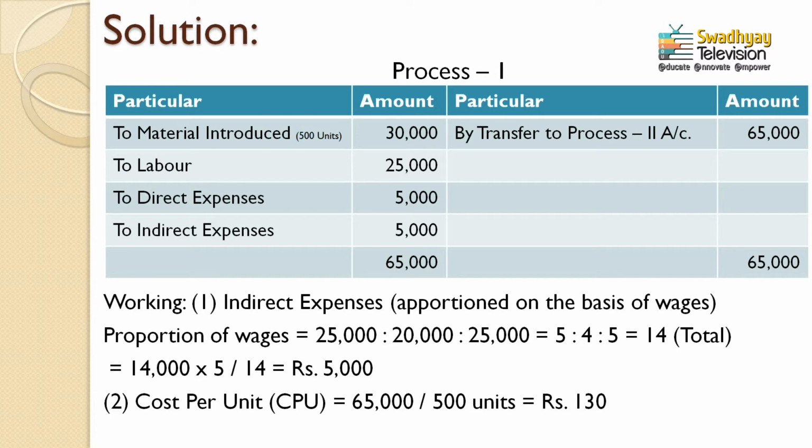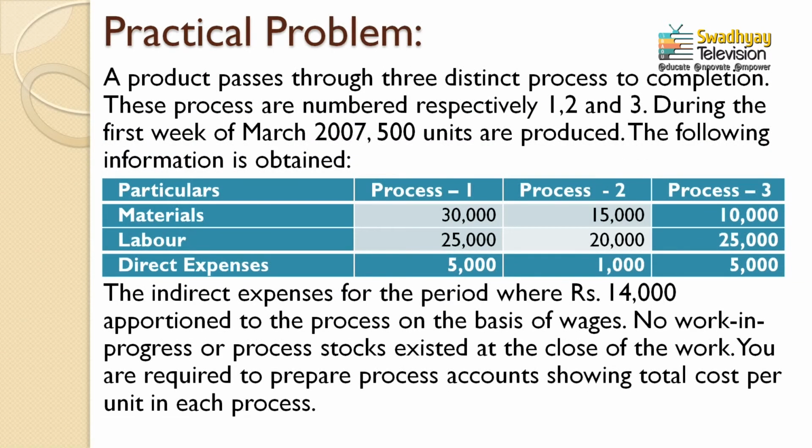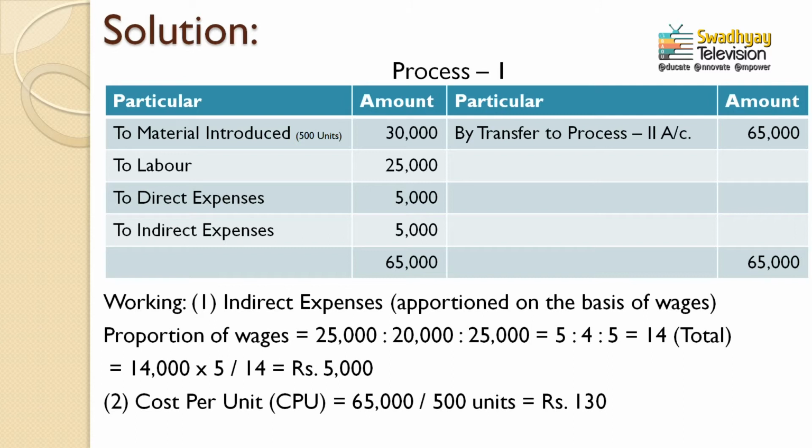So, material introduced for 500 units is 30,000. Then the labor cost given in the question is 25,000 rupees and direct expenses 5,000. All these three expenses, 30,000, 25,000 and 5,000, are clearly written on the debit side of the process account, because these three are expenses, as per the question.